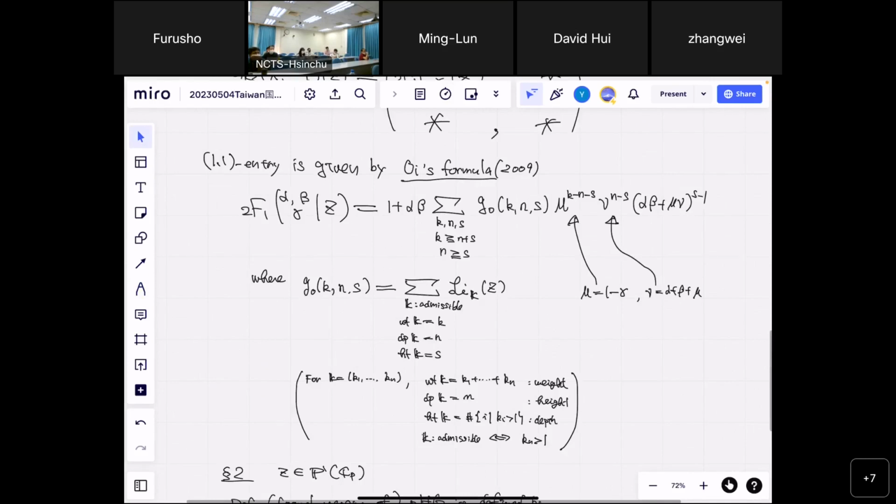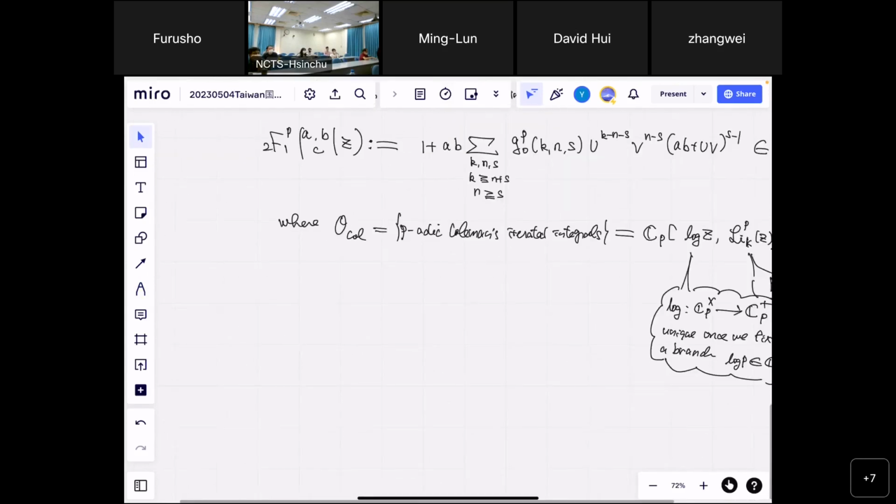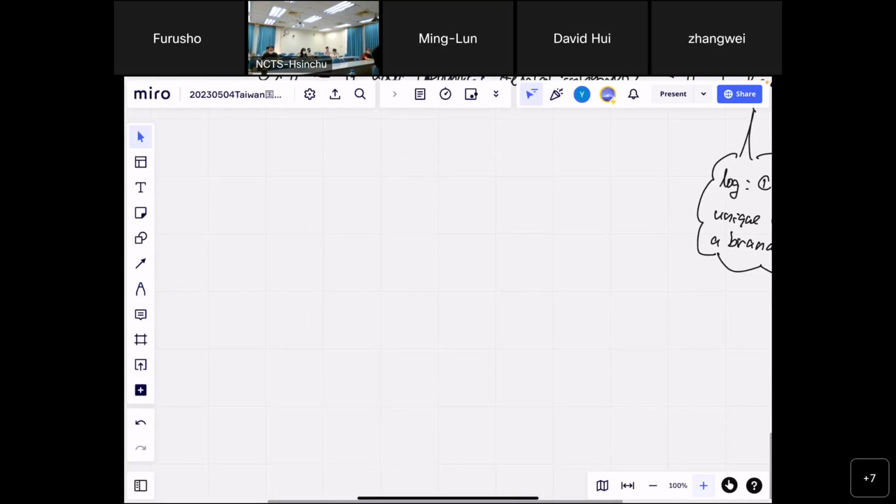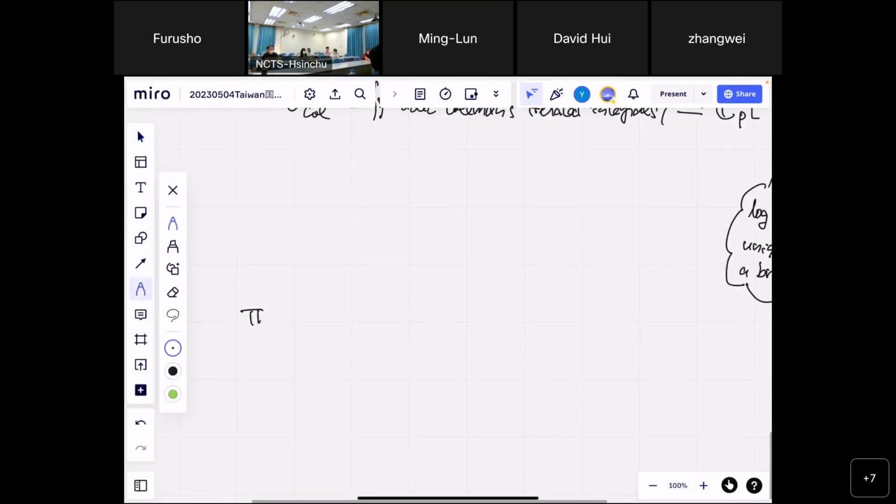This is my definition of the formal version of the p-adic hypergeometric functions. And now I'm going to my main result, where I have shown this kind of specification for convergence.